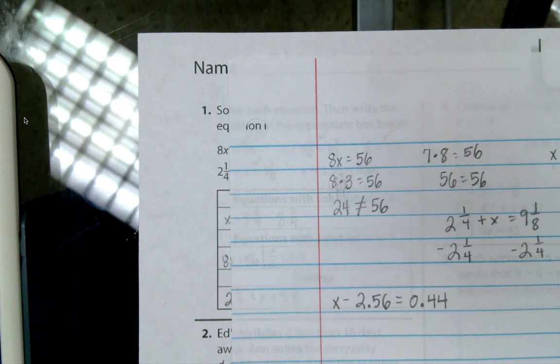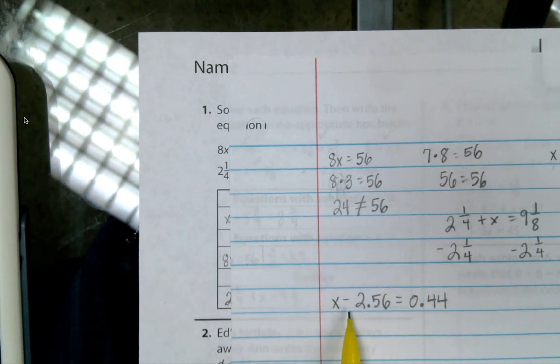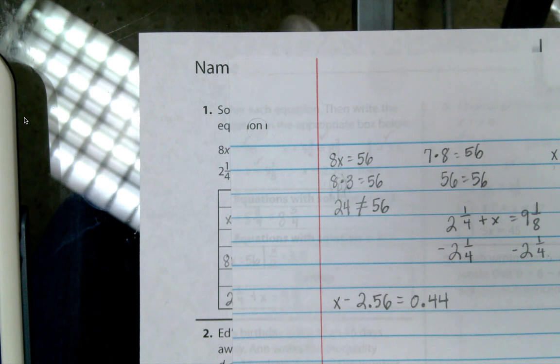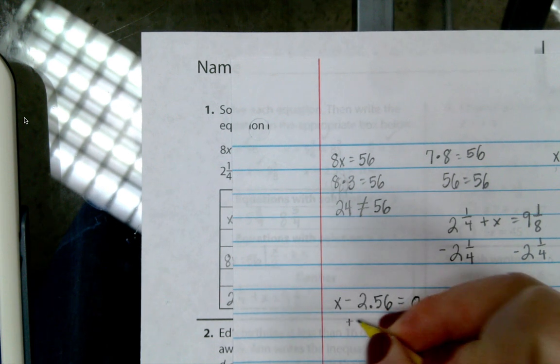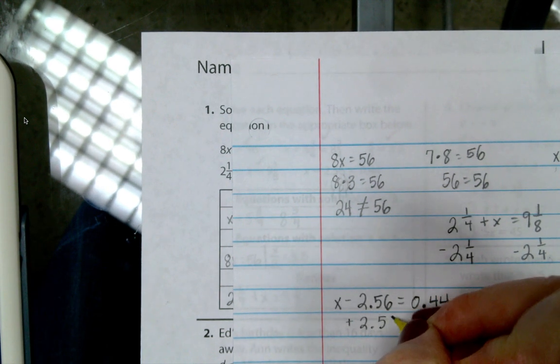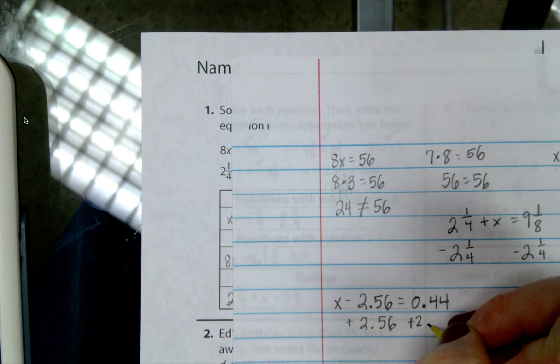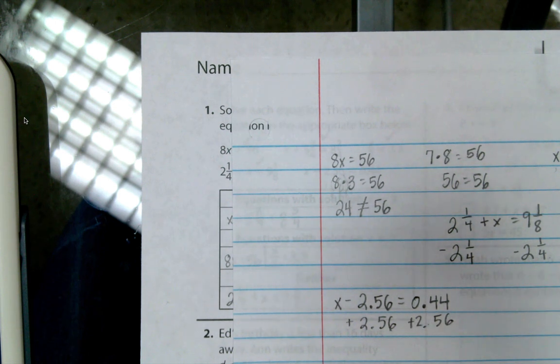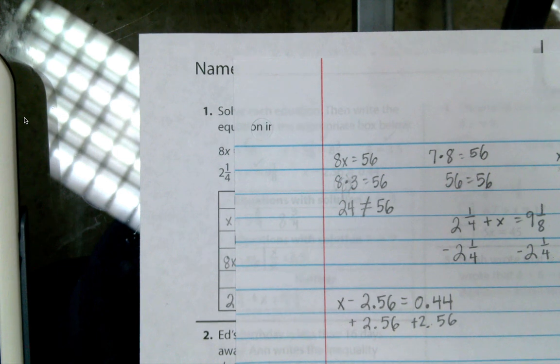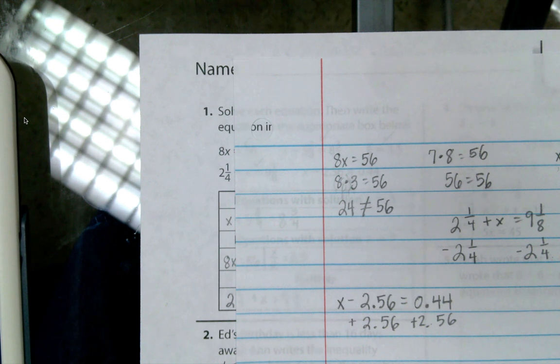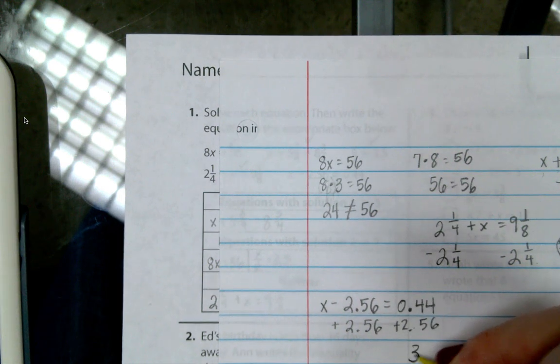I have a subtraction equation, and in order to isolate my variable x, I need to perform the inverse operation, which is adding. So in my calculator, I'm typing in 44/100 plus 2.56, and I get the whole number 3.